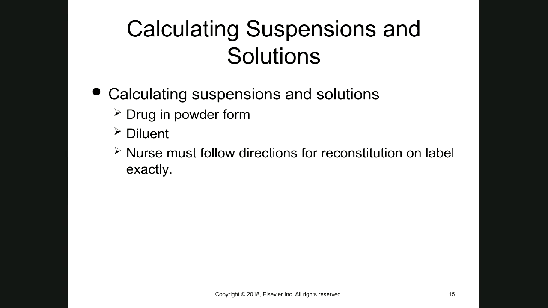The liquid used for the reconstitution is, of course, called the diluent, and the nurse must follow directions to reconstitute on the label exactly. Because if you don't, you're going to get an increased dose or a decreased dose.